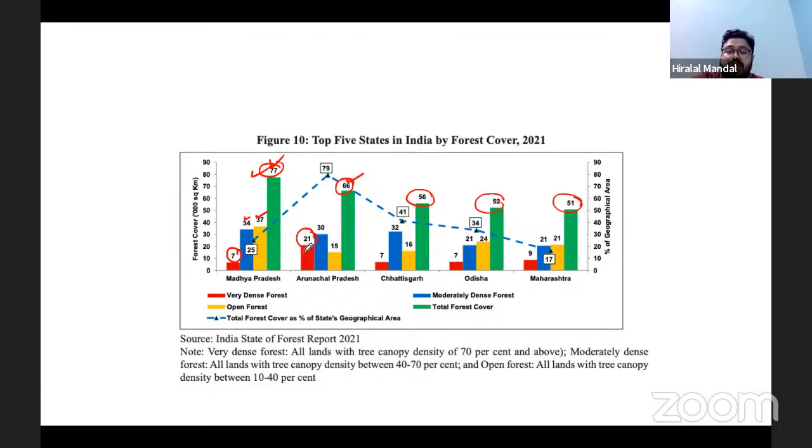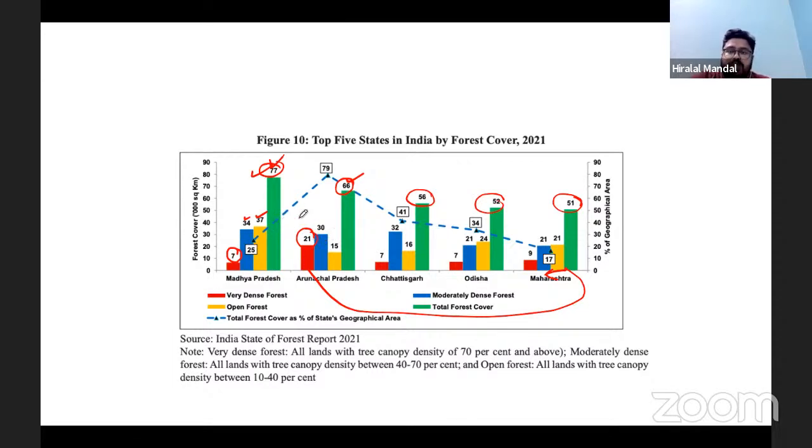So when it comes to the dense forest, Arunachal is at the top, followed by Maharashtra, and then Madhya Pradesh, Chhattisgarh, and Orissa are at the same level. So that is 7,000 square kilometer. This is something we need to look at in Madhya Pradesh, and that is where the problem is.